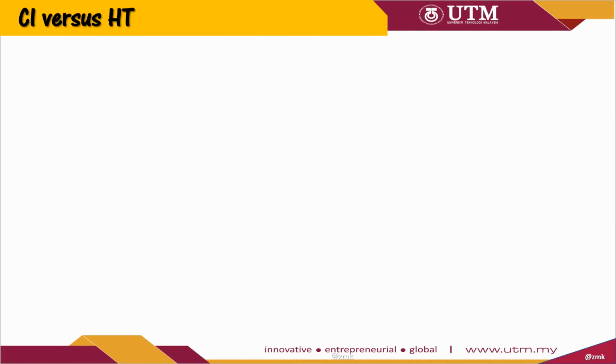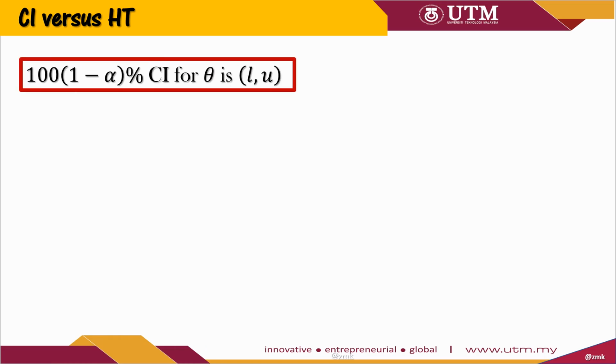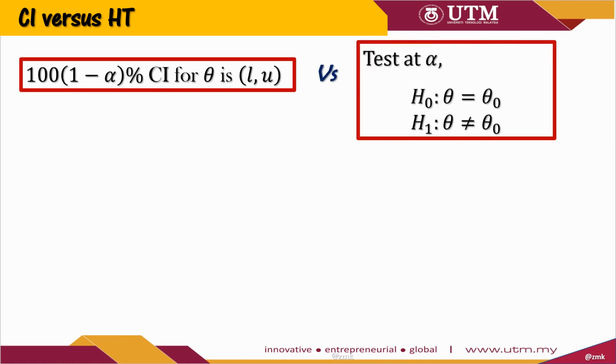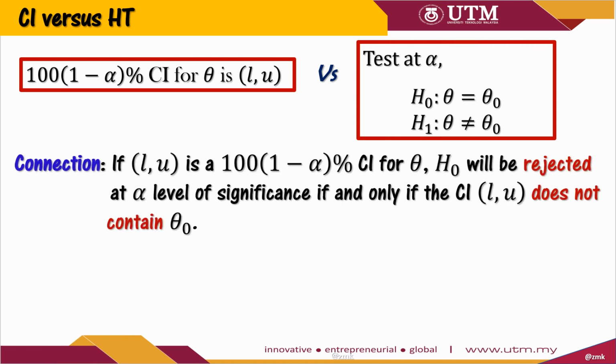What is the connection between confidence interval we learned in Chapter 3 on estimation and the test of hypothesis in Chapter 4 right now? Since we dealt with a two-sided confidence interval in Chapter 3, we can actually see the connection through a two-sided hypothesis test. Now suppose a two-sided 100 times 1 minus alpha % confidence interval for a population parameter theta is (L, U), where L is a lower limit and U is an upper limit of the confidence interval.